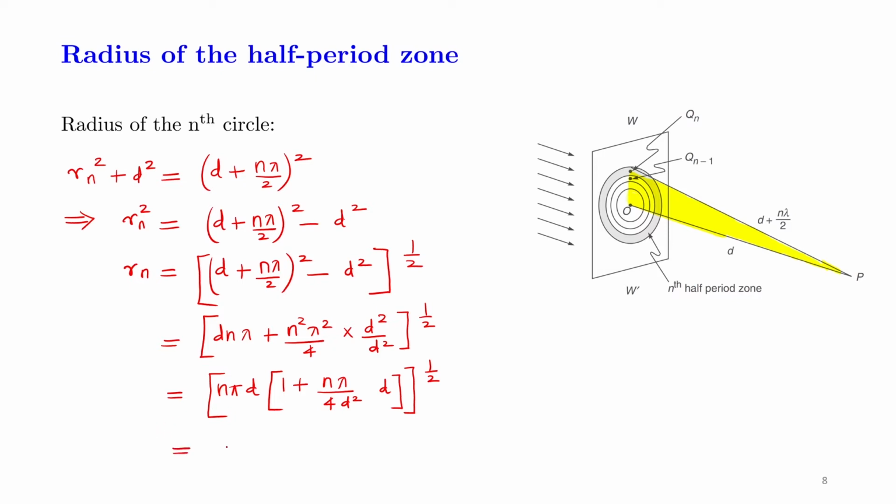And this is square root of n pi d times 1 plus n lambda over 4d, to the power of 1 by 2. And this can be approximated to be square root of n pi times d.